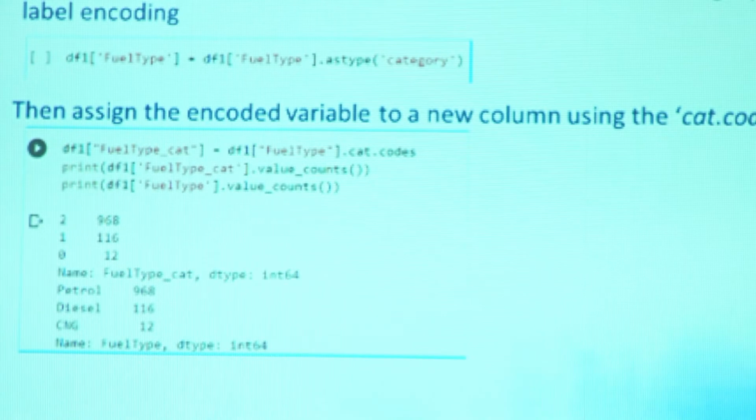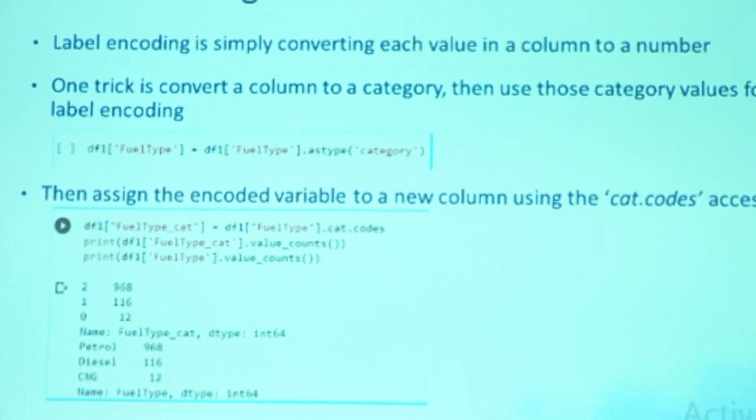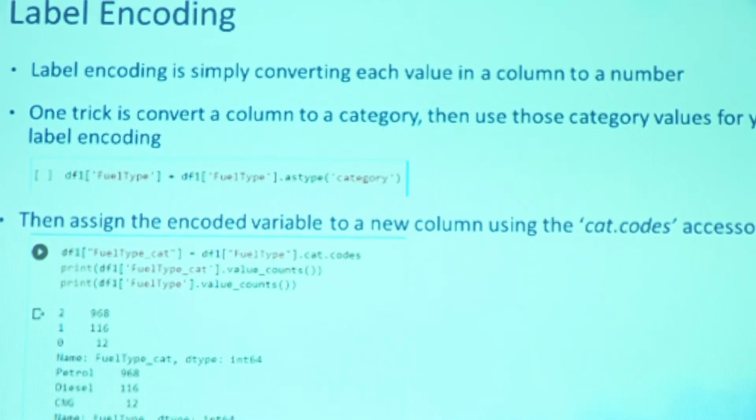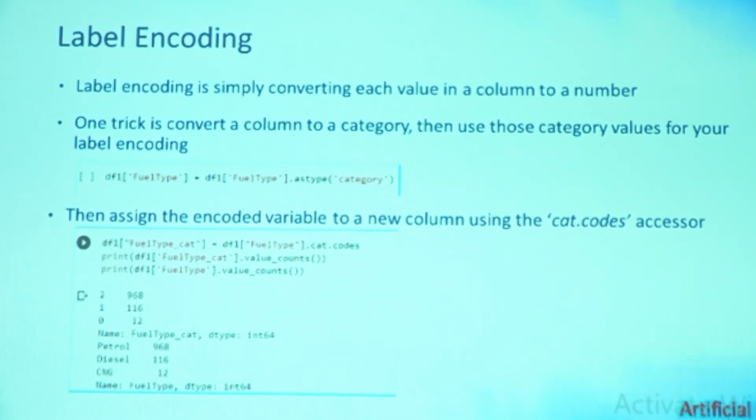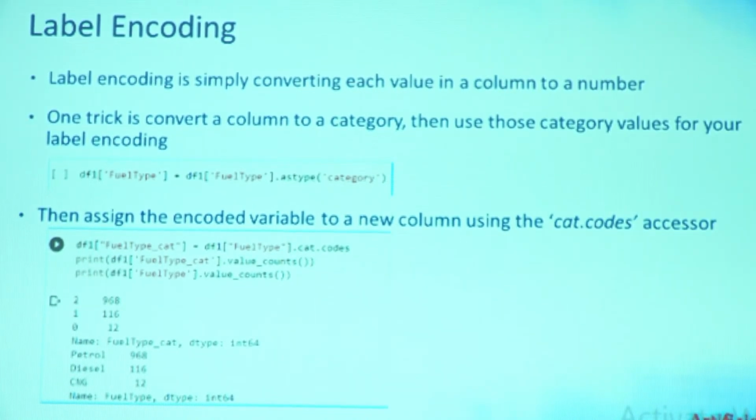So you can see what is happening after you have used the cat.codes accessor: petrol is labeled as 2, diesel is labeled as 1 and CNG is labeled as 0. Clear with this? This is label encoding, guys.